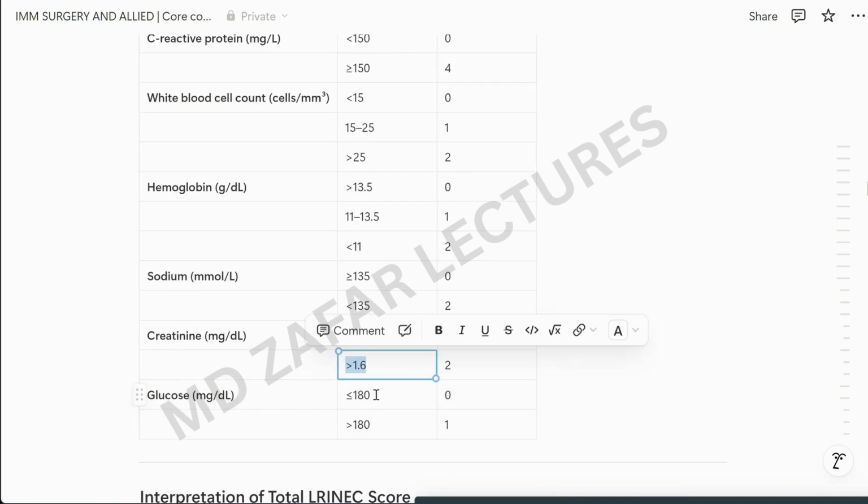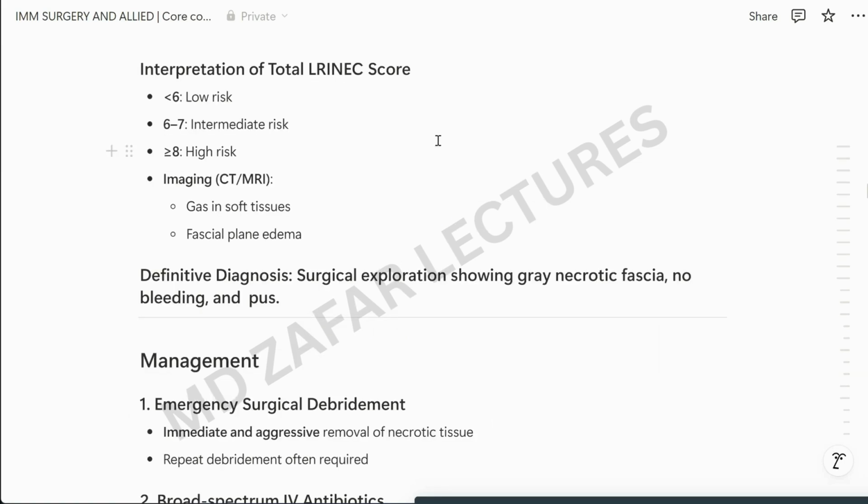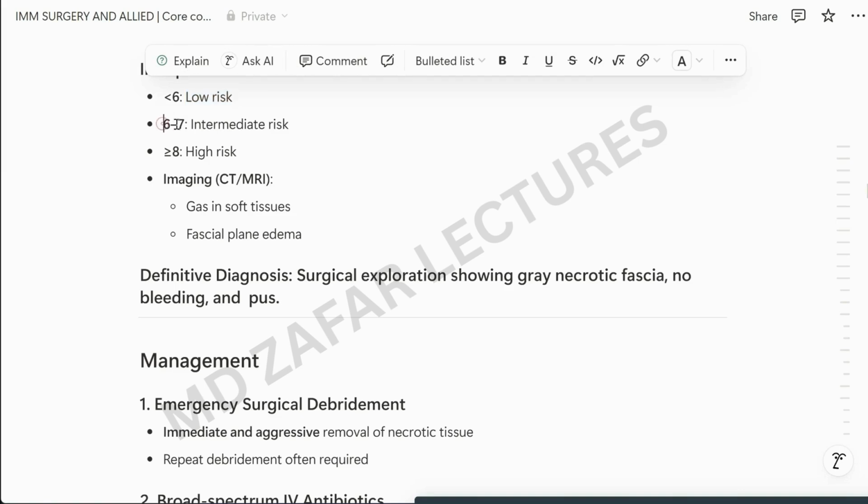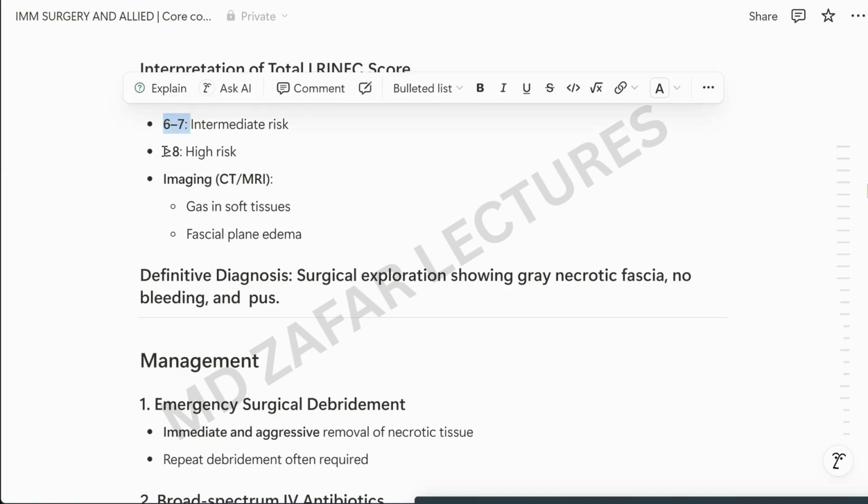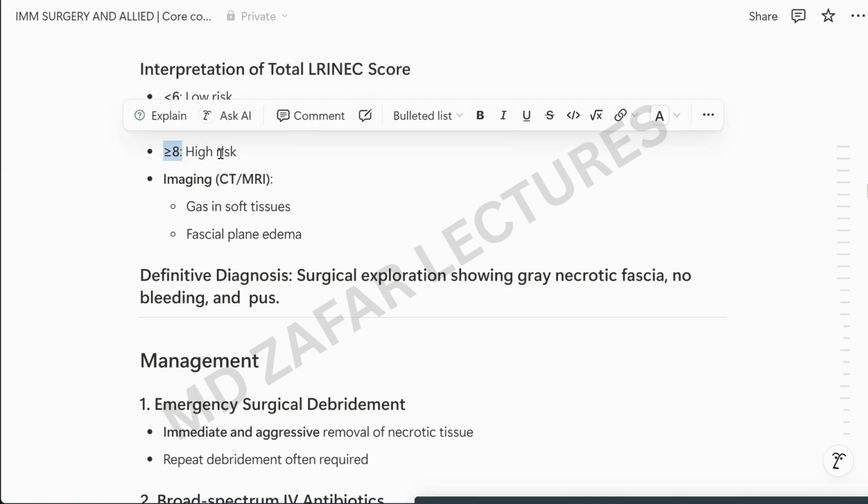If the glucose value is less than 180, we have 0 score, but if it is more than 180 milligram per deciliter, then the score will be 1. So now we will add all these scores and go for the interpretation. If the score is less than 6, the patient is at low risk. If it is between 6 to 7, then there is an intermediate risk. And if the score is 8 or more, then the patient is at higher risk of having necrotizing fasciitis.